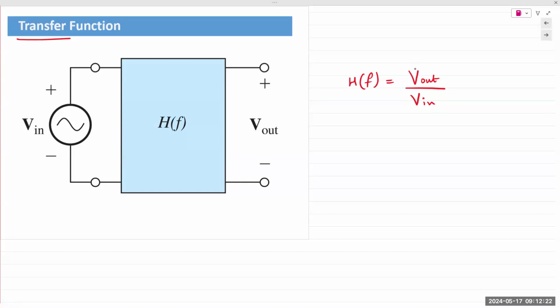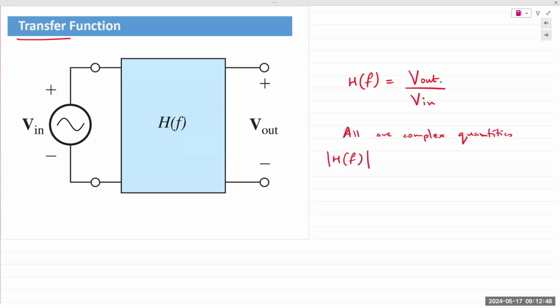It's a ratio of voltages, and so it is simply V out divided by V in, no units, it's dimensionless. And all are complex quantities, all are phasors. And as such, the transfer function has magnitude.